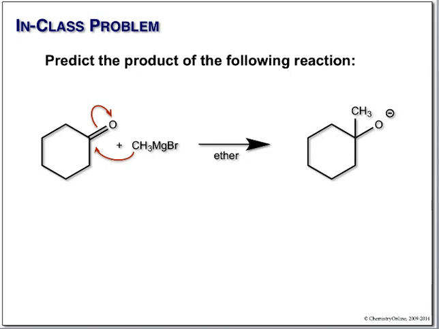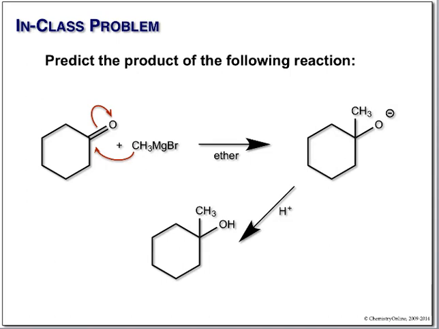Our second step is to dump this stuff into water, maybe a little bit of dilute acid. When we do that, we're going to protonate the addition intermediate and write the alcohol.